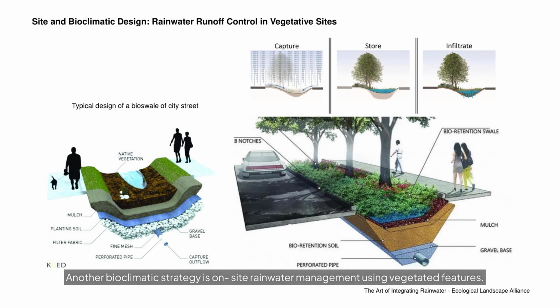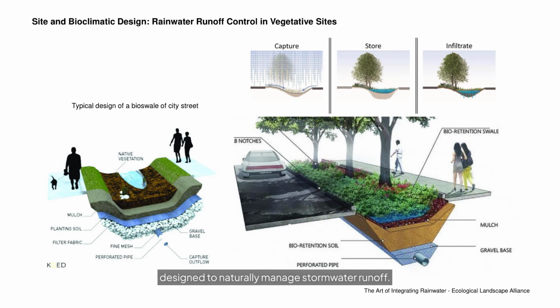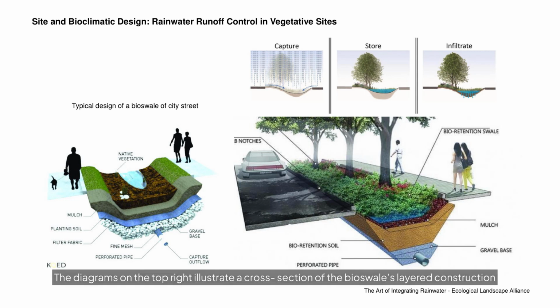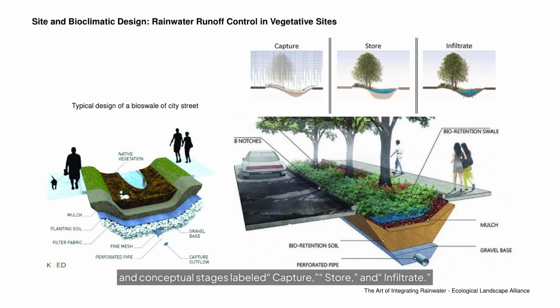Another bioclimatic strategy is on-site rainwater management using vegetated features. This slide shows a typical design of a bioretention along a city street designed to naturally manage stormwater runoff. The diagrams on the top right illustrate a cross-section of the bioswale's layered construction and conceptual stages labeled capture, store, and infiltrate.